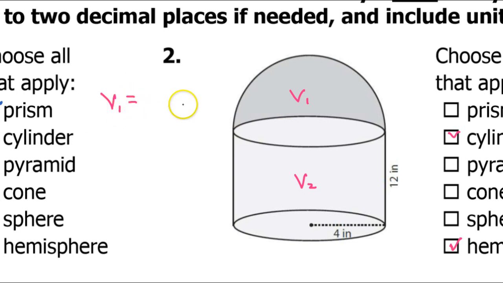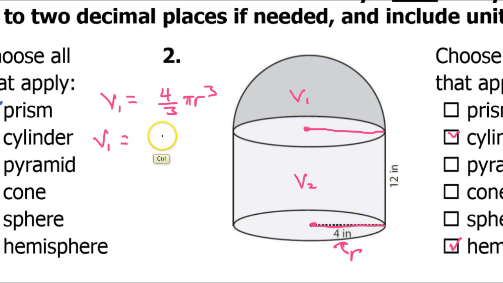Volume 1 is half of a sphere. The volume of a sphere is 4/3 pi r cubed, so I'm going to need to know the radius. The radius is the same down here, so the radius is 4.